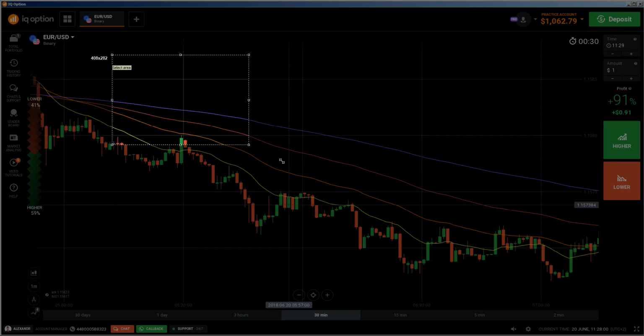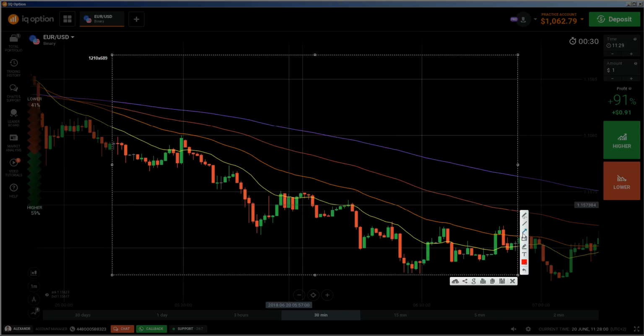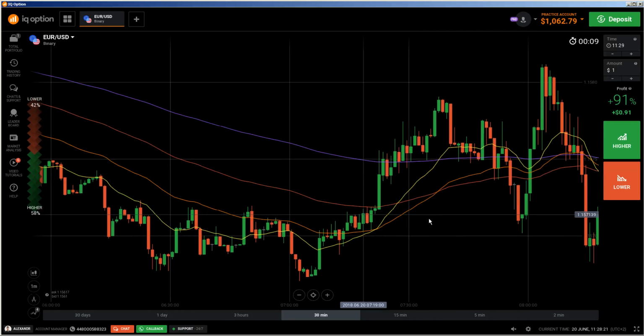For example, here the 20 EMA is steep, so this trend is strong. Obviously the trend here is generally going down, but more steep. The steeper the EMAs are, the stronger the trend down. That is what I tried to show you here.